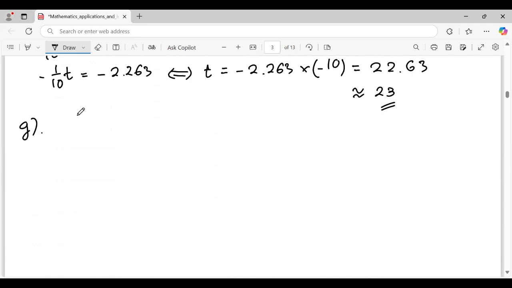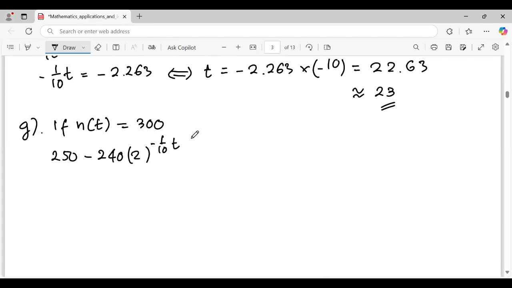G. If N(t) equals 300, now we calculate that 250 minus 240 times 2 to the power of minus 110t equals 300.